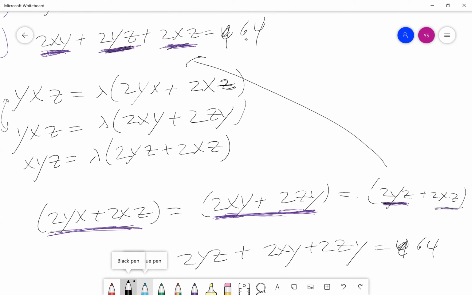You can plug that in and get something in terms of 2xy and this new thing. So I am going to stop here and leave it as homework for you to finish this, and then tomorrow I'm going to finish it myself, okay?